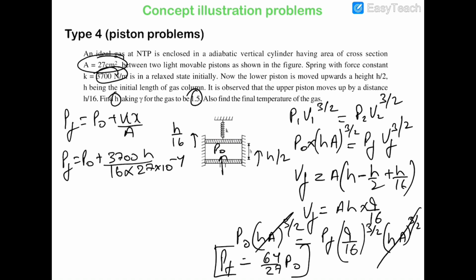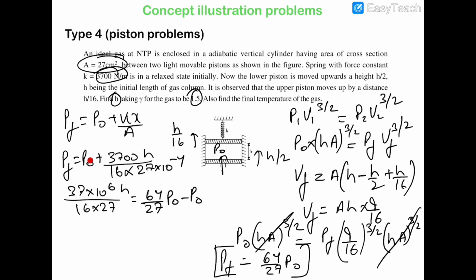So P final is 3700 H by 16 into 27. Let us write it down as 37 into 10 to the power 6 H by 16 into 27, which is equal to P final, 64 by 27 P naught, minus P naught.